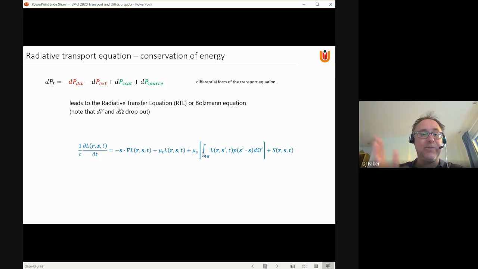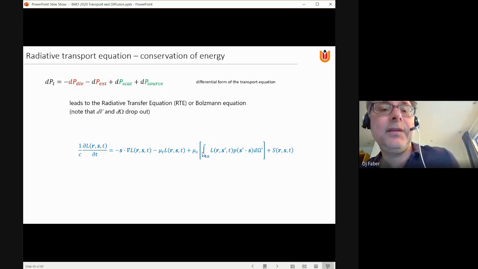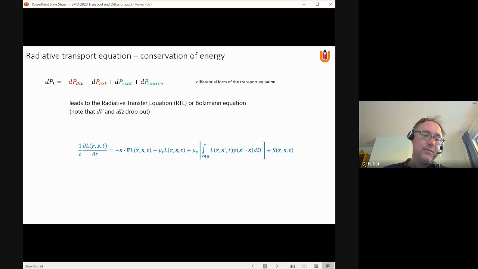That would be a gain term. And finally, there could also be a light source, for example a fluorescent molecule in the tissue, which could also generate light. So we could also have gain terms there. This balance between loss terms and gain terms will tell us the net change in power over time.